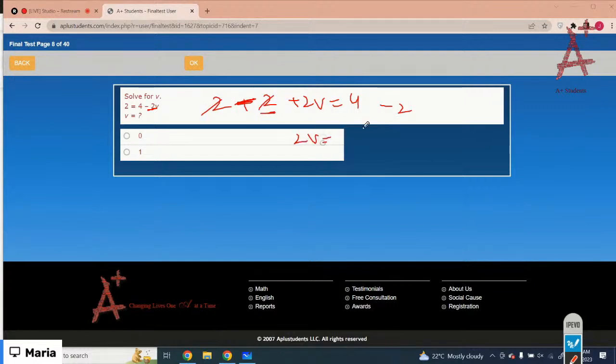You are left with 2v equals 4. Now divide both sides of the equation by 2, so it would be v equals 2 divided by... 4 take away 2 is 2. Now divide both sides of the equation by 2, so it would be v equals 1. Got it? The correct option is v equals 1.